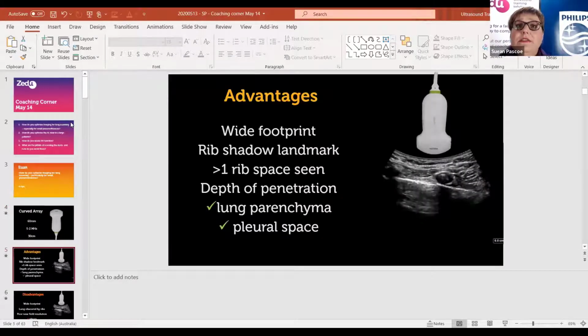The advantages of that are that they have a wide footprint, and that lets you see the 2 ribs and lots more space. So you get to see more that's going on over more than just the 1 rib space.